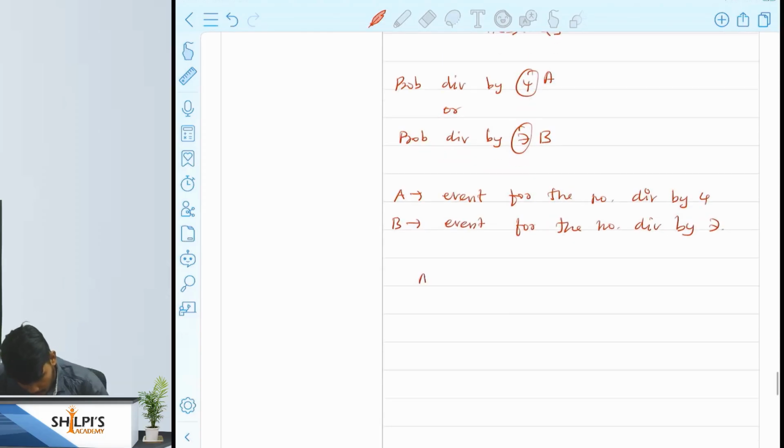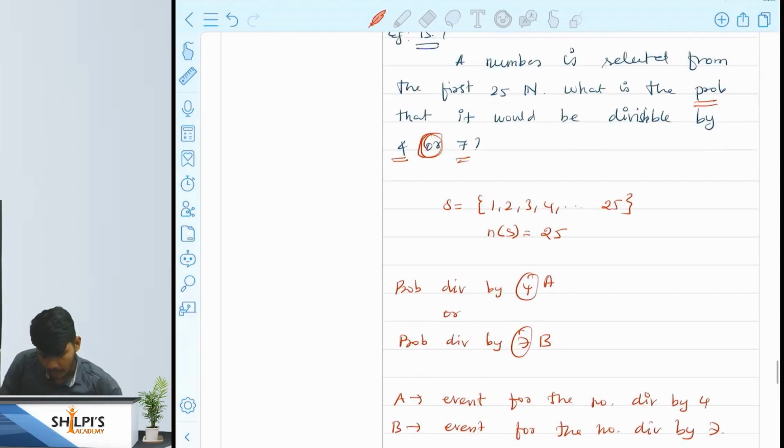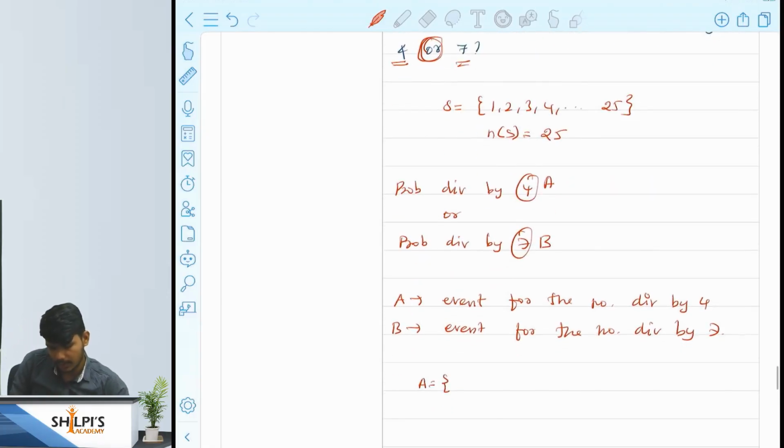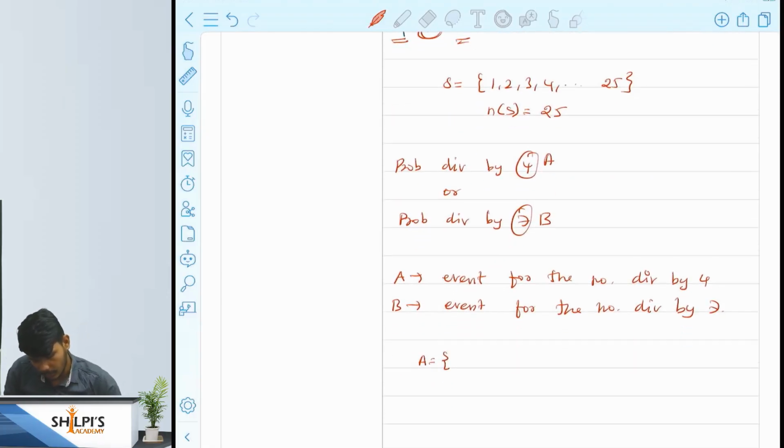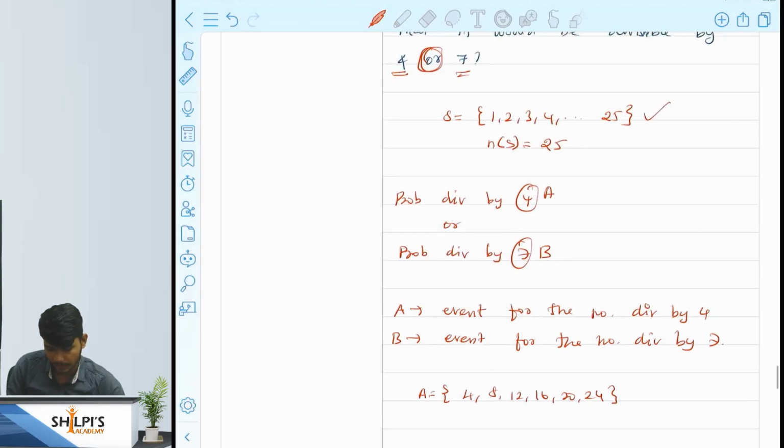For the A event, what are the possible numbers that are divisible by 4 in this particular sample space? 4, 8, 12, 16, 20, 24. That's all, right? These are all the possible numbers. We have 28 also, but it is not in our sample space, so we will not write 28 in the A set.